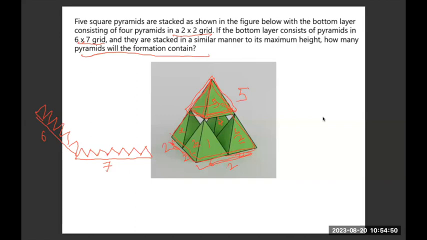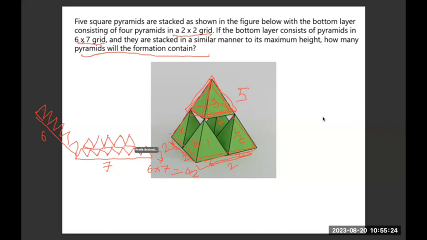Now, just observe. In a 6 by 7 grid at the bottom row, 6 into 7, how much is 6 into 7? 42. In the bottom row, 42 pyramids will be housed because it's a 6 by 7 grid. In the next row, the pyramids will start happening like this.